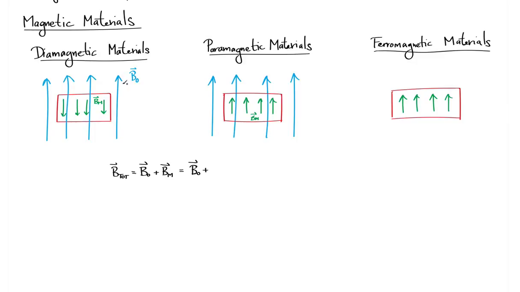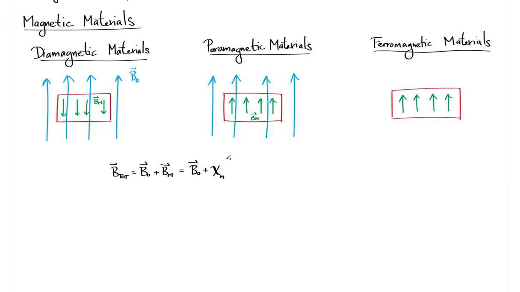For diamagnetic materials, the larger the external magnetic field, the more strongly the material tries to fight that magnetic field. With paramagnetic materials, the stronger the external field, the more the magnetic material tries to help that magnetic field. Okay, so there's a proportionality constant, which we call chi.